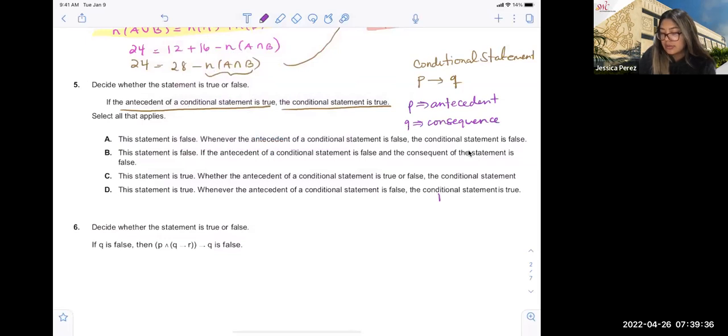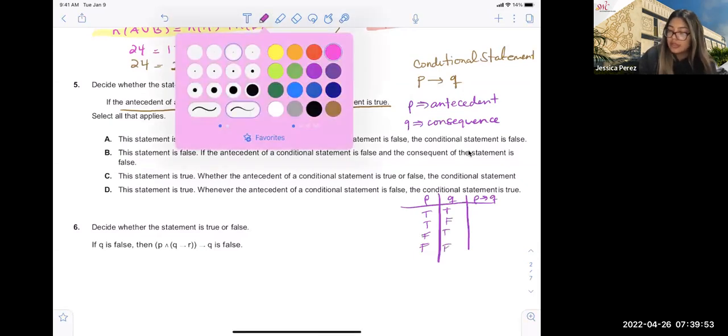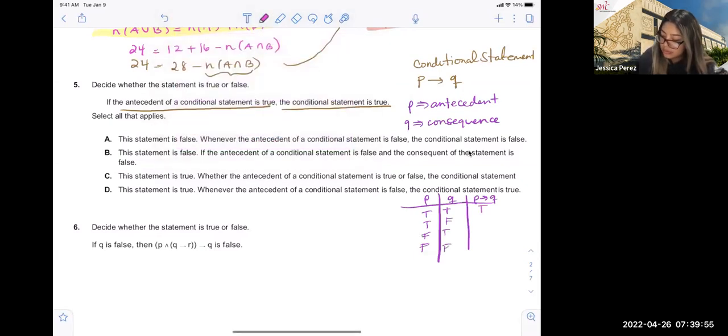So if we do a table, we have P and Q, and then we have P implies Q. We have true, true, true, false, false, true, false, false. For an implication, true, true is a true, true, false is a false, and then all of the others are true. So this is the only one where it's false.